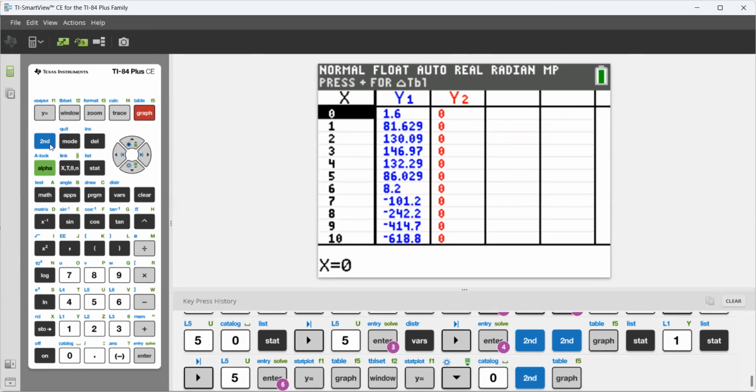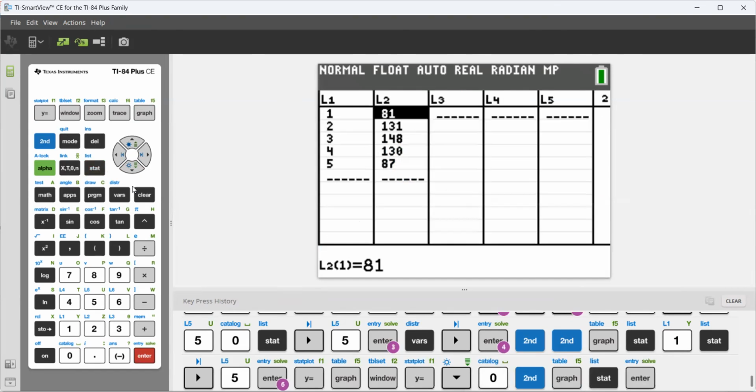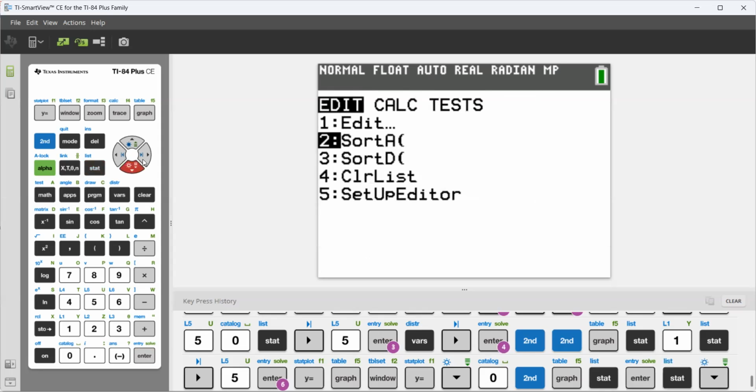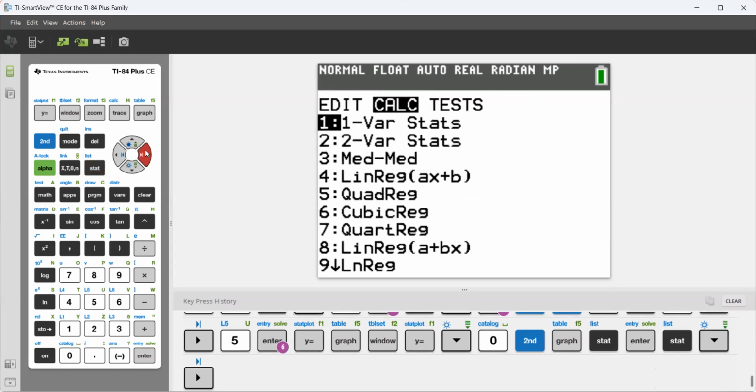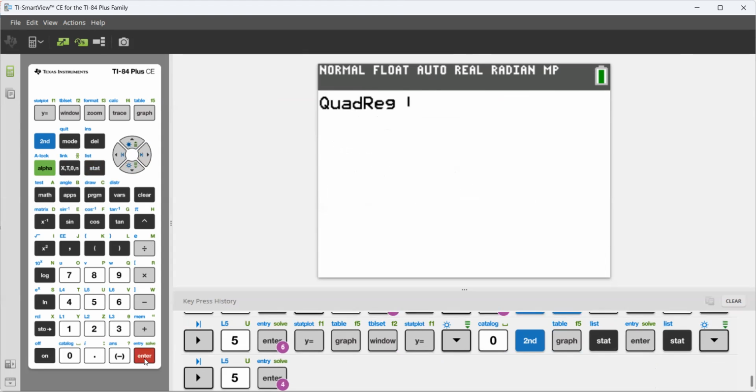Okay. Now, because I input my table previously with stats and then edit, I have this, right? So 81 and then that, I have these values. And then I did stats, then calc, and chose 5, then enter, and calculate.